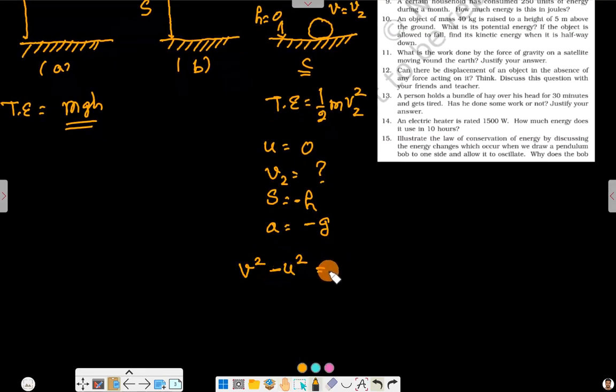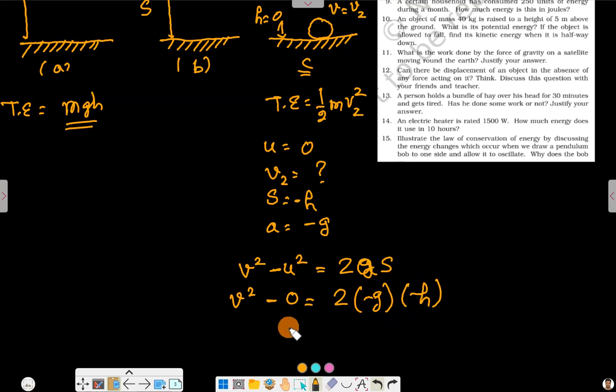So if we use this equation, v square minus u square is equal to 2as, this is our actual equation. So v square minus u square, u square is 0, 2, acceleration is minus g, and displacement is minus h. So from this we get v square is equal to 2gh.